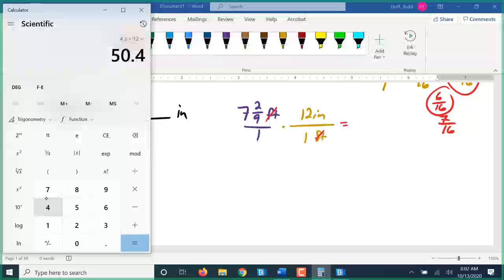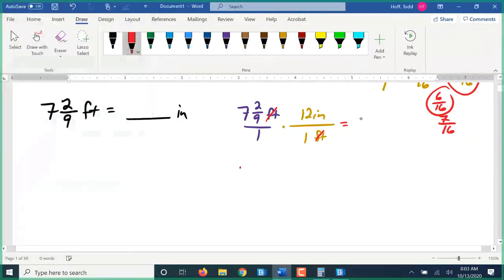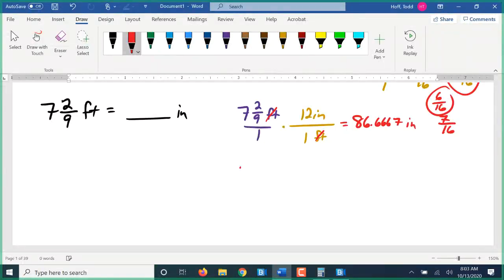Or I can just do 7 plus 2 divided by 9. Puts it in my calculator as a decimal. You can see I get the 7.222222. Times 12 is 86.666666. So I'm just going to write down 86.667 inches for now.